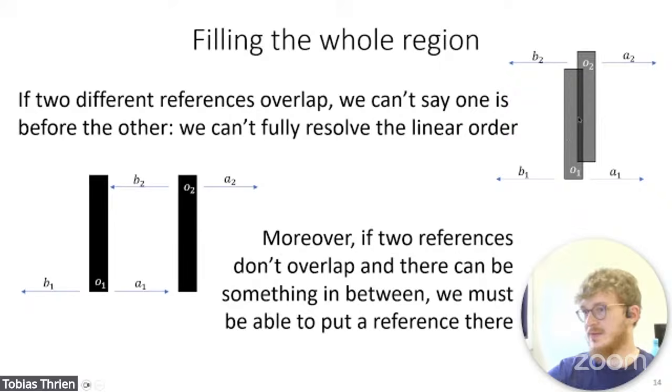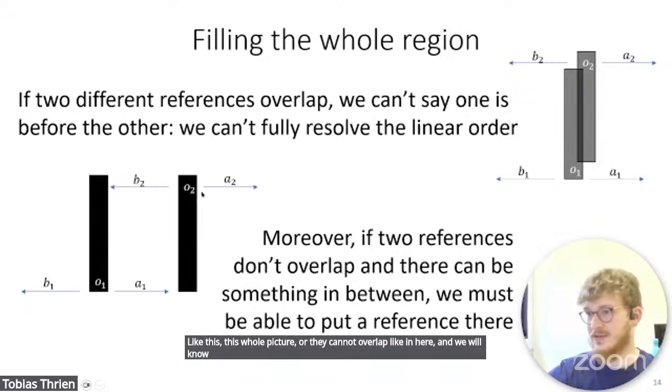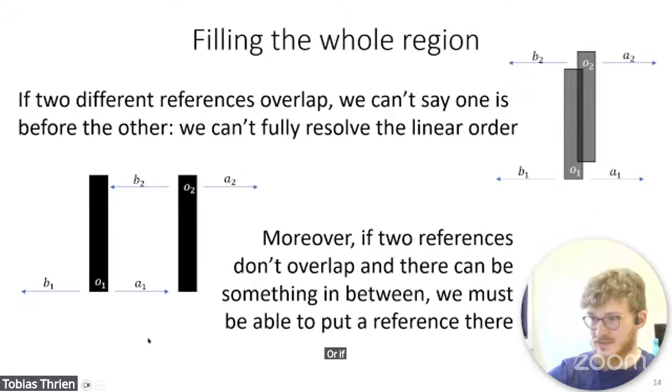They can overlap, like in this whole picture, or they cannot overlap, like in here, and we will know what overlap means based on the implication of these statements. Or if it's possible to be before the second and after the first.